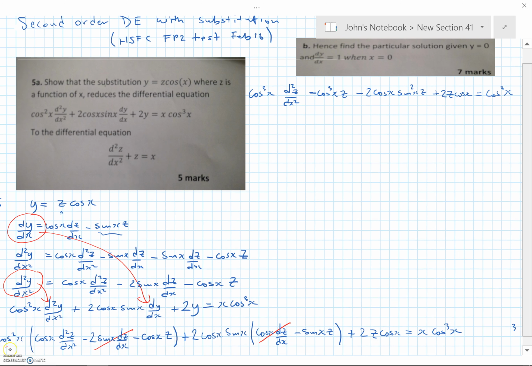Okay. Now at this stage it's looking quite promising because I have got rid of dz by dx, and I can see a sine squared here, which I can replace with 1 minus cos squared, and hopefully it will break down. I can also see a common factor of cos x. I'm going to take that cos x out. It's not a big thing, but I'm going to do that.